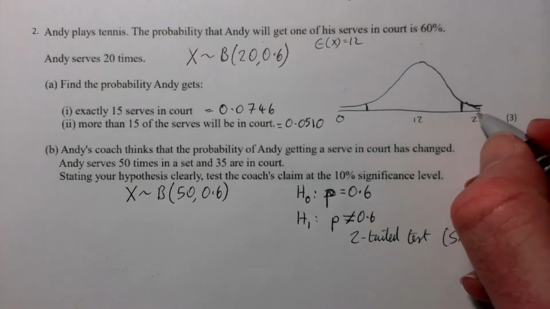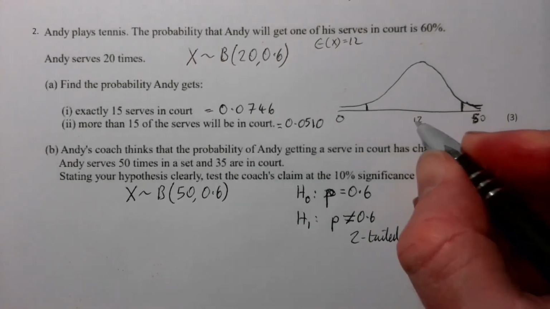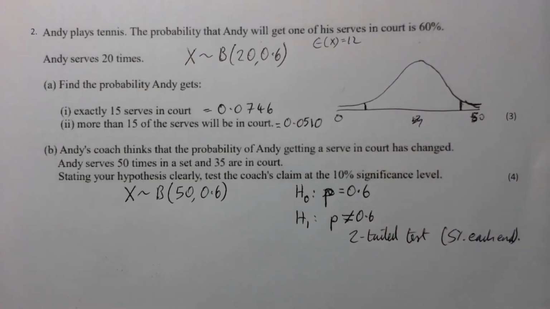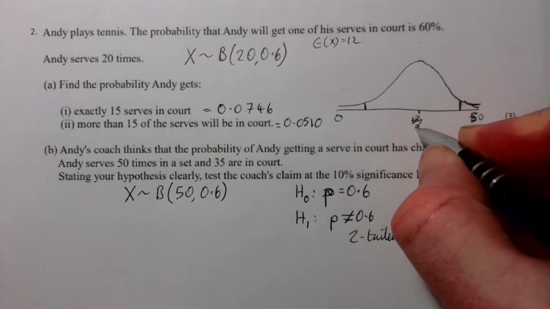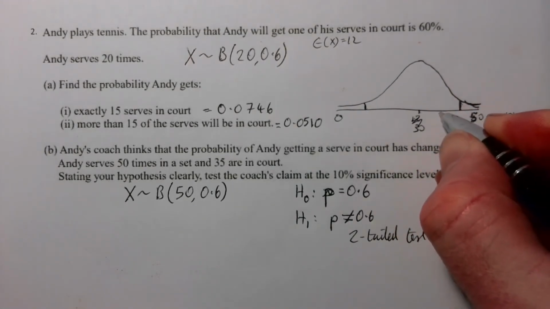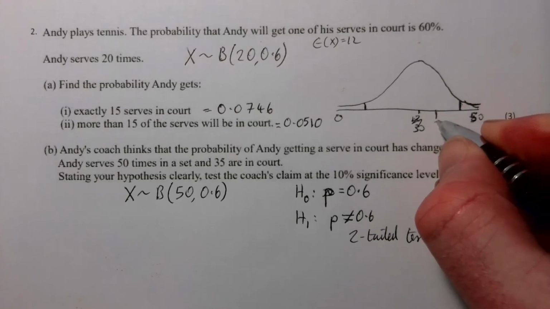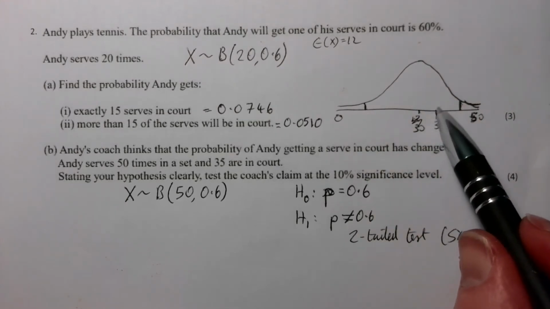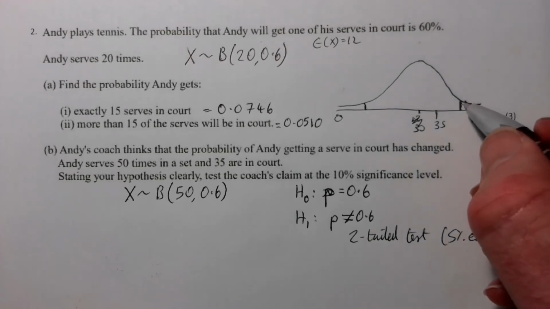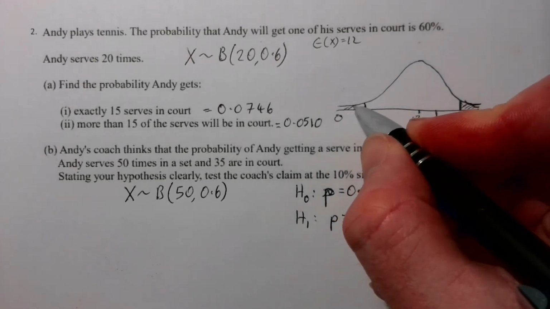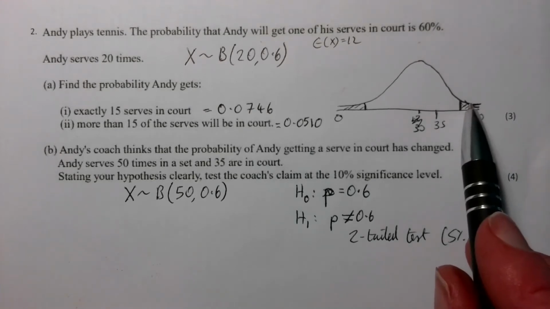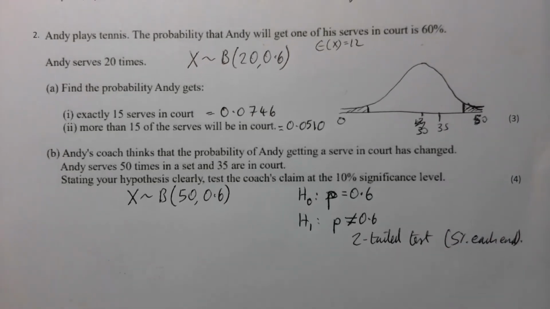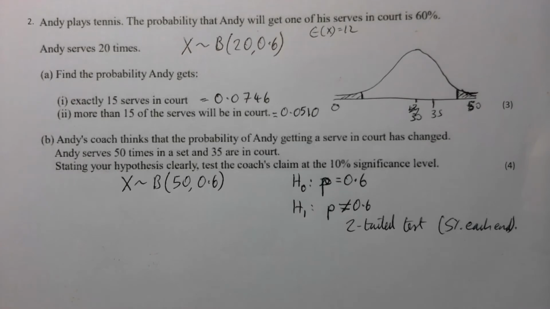Now this time it's not 20, it's 50, and 60% of 50 would be 30, so we're expecting him to get 30 in, and the question is 35. I reckon it's going to be about there. It doesn't look like it is going to be in; it needs to be in one of those for Andy's coach to be right. So it might be in here, but I doubt it. But we've got to test the claim.